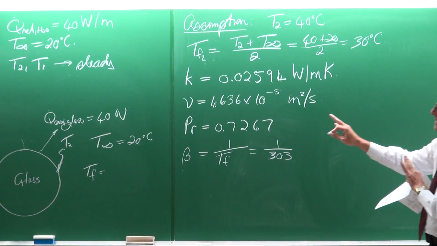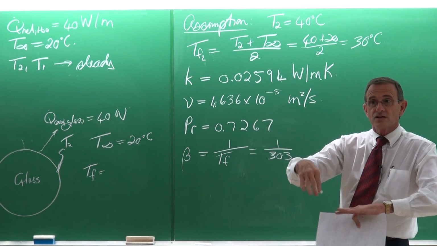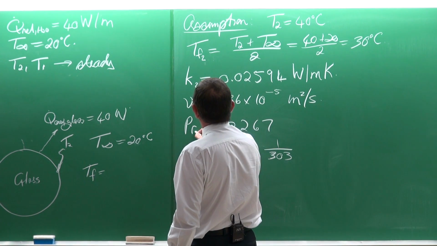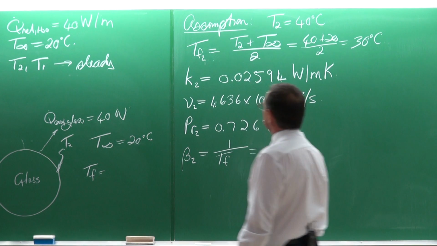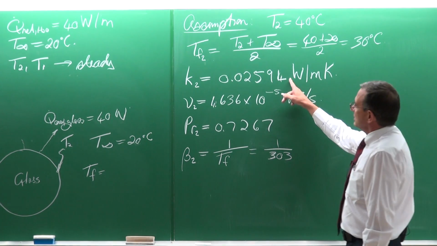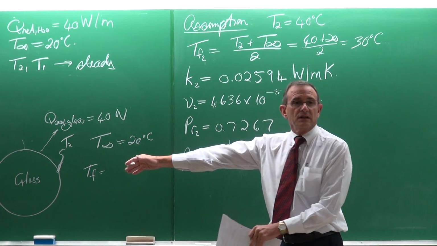Now, to make it clear, these properties are going to be different than the properties at another surface that we're going to get to later on, so I'm going to indicate this with 2's. Okay. So that's the thermal conductivity of the air on that surface, the Prandtl number, etc.